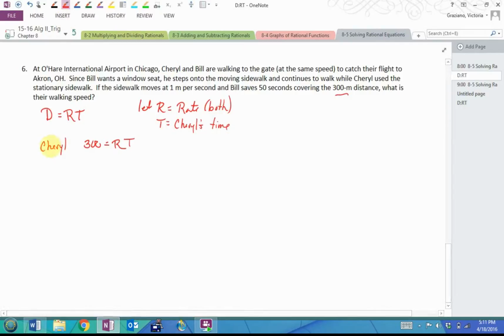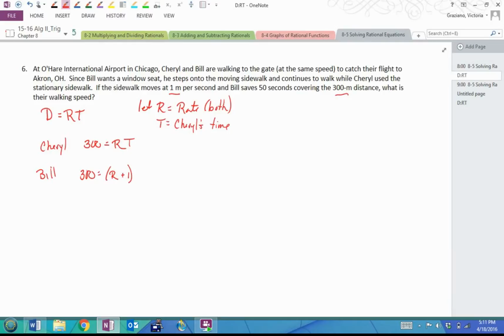Okay, then we've got Bill, and Bill is going the same distance. His rate now is 1 meter per second faster, right? So he's got the rate, but then that moving sidewalk is helping him, so he's moving just a little bit faster.